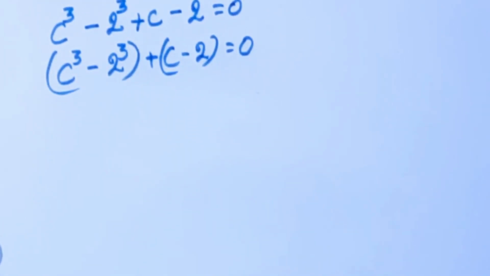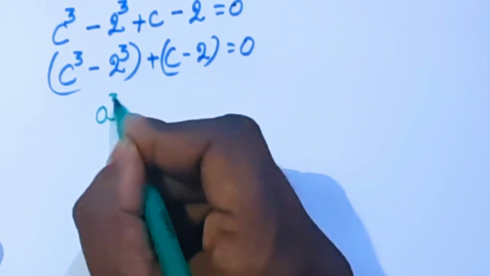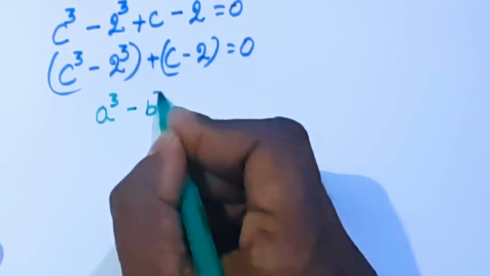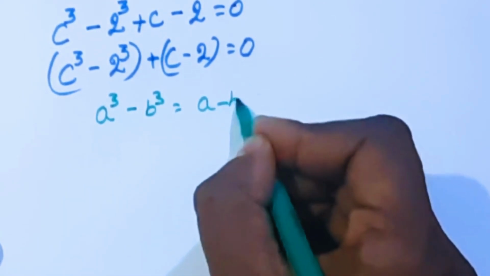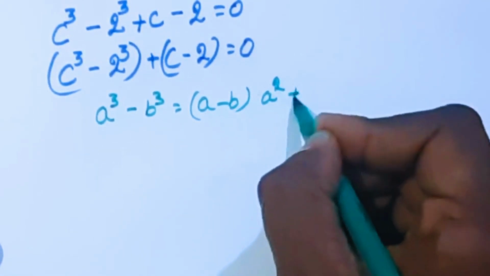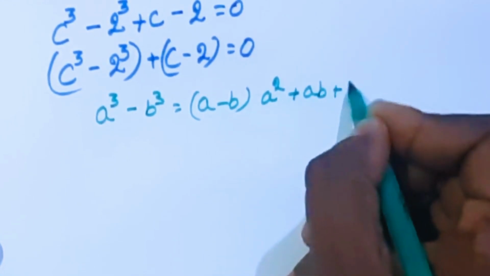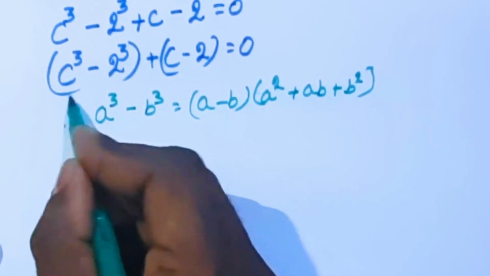Now we are going to apply this algebra formula, that is a power 3 minus b power 3 equal to a minus b, a square plus ab plus b square. This formula we are going to apply here.